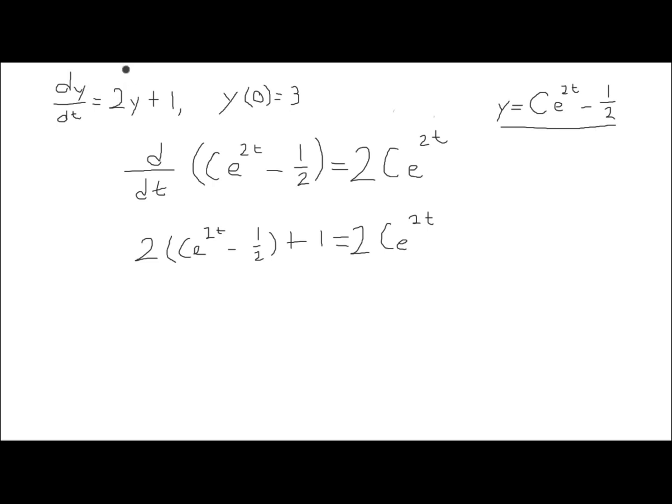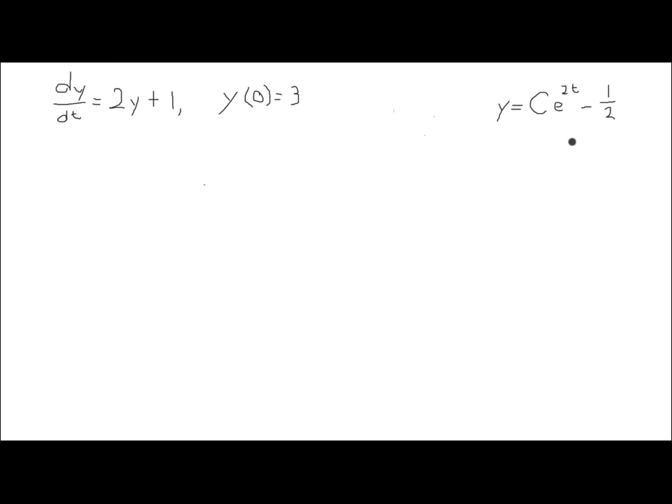Now, that was the hard part. Let's get to the easy part. Now that we have a general solution, let's go to the specific solution. So it says that y of time t equals 0 equals 3. So we have a t value and we have a y value. We can just substitute 3 for our y value and 0 for our t value. So 3 equals c e to the power of 2 times 0, all minus 1/2.